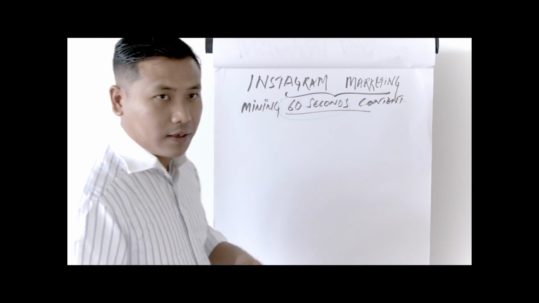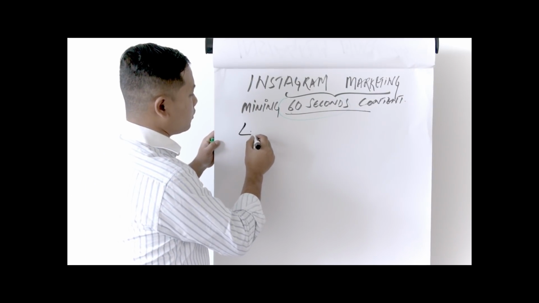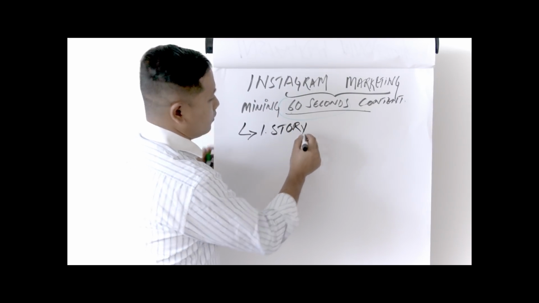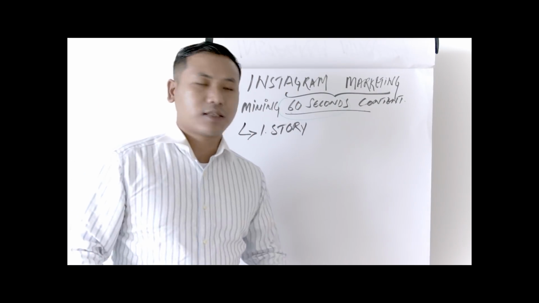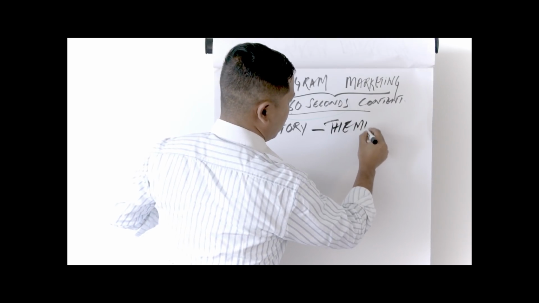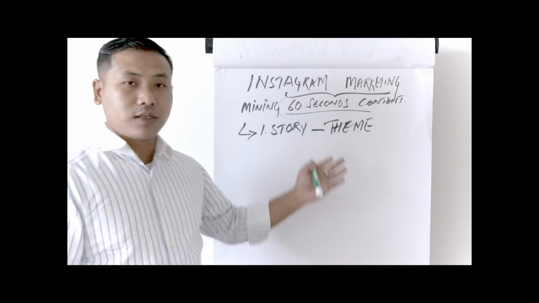So let's get back to the topic of our Instagram marketing content. Number one thing that we would need is a good story, right? So number one is story. When you create a story, you actually need a theme. So what is a theme about?